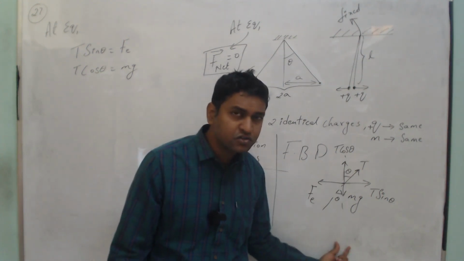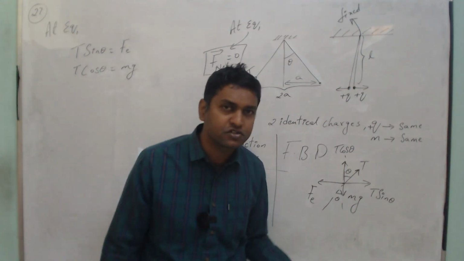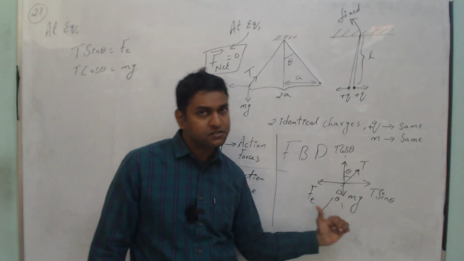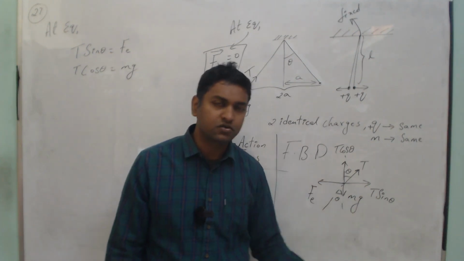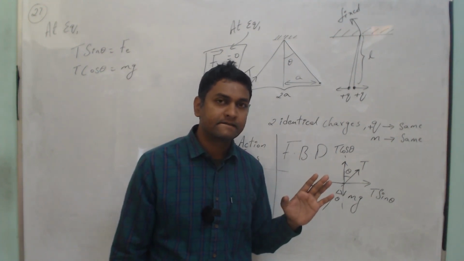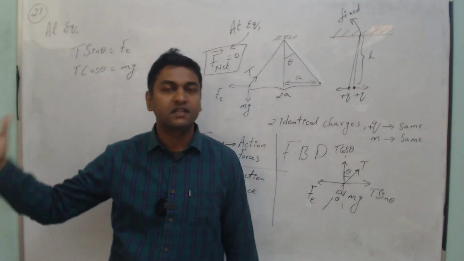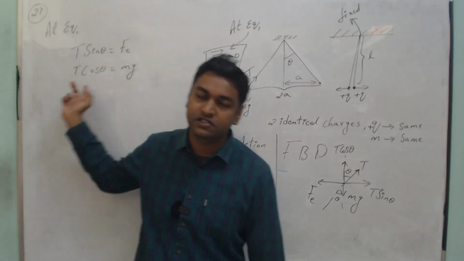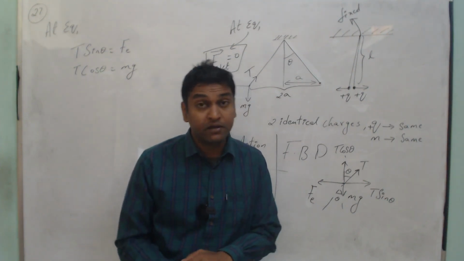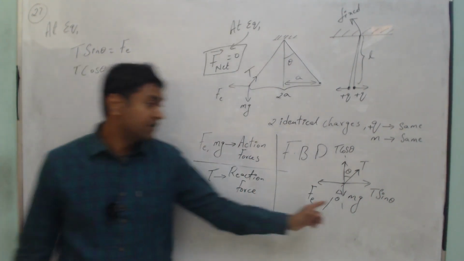And when I'm focusing on gravitational force, how much electrostatic force is there is not an important issue, right? Is this clear? So therefore, these equations emerge: T sine theta is equal to Fe and T cos theta is equal to mg. That's the reason I am taking the components of reaction force rather than the components of action force.